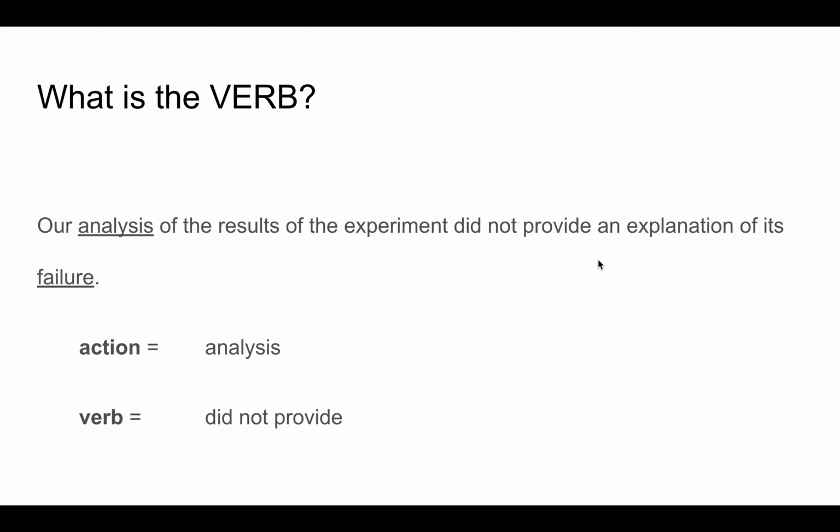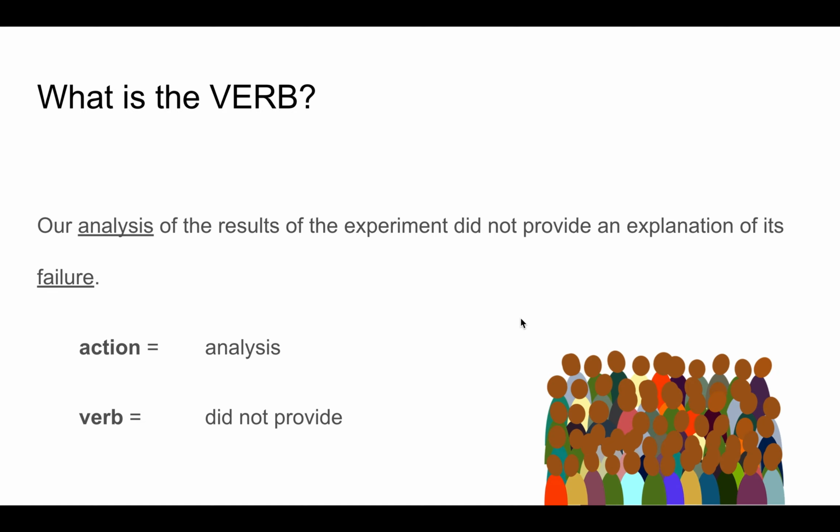Uh-oh. We go back to what we learned from the Little Red Riding Hood story. We can see a problem. Our action does not match our verb. Okay. They don't match. Very good. Right. So that's a problem.